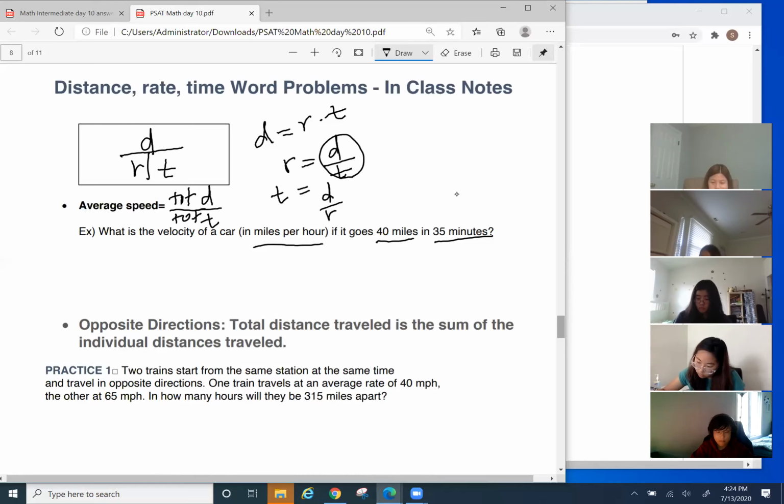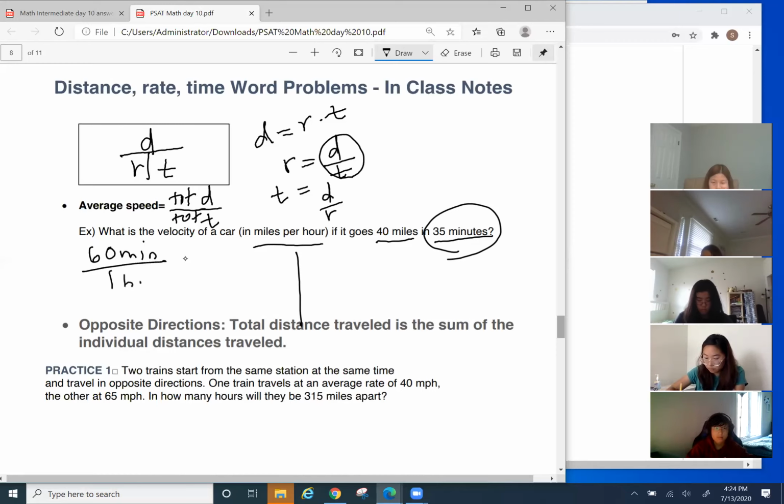Okay, so what you can do is convert this to an hour. If you want to convert 35 minutes to an hour, then you know that there's 60 minutes in an hour. Then how many hours is equal to 35 minutes? If you do this, x will be equal to 35 divided by 60.